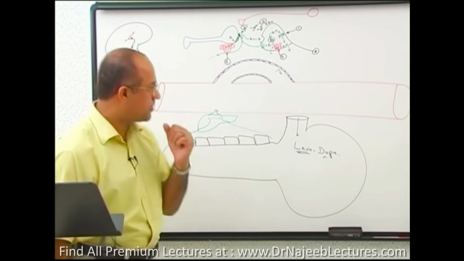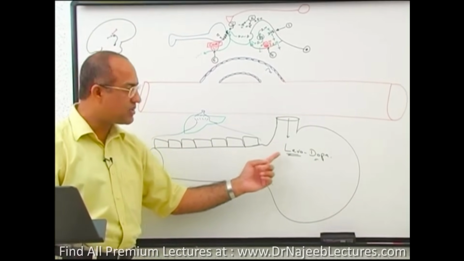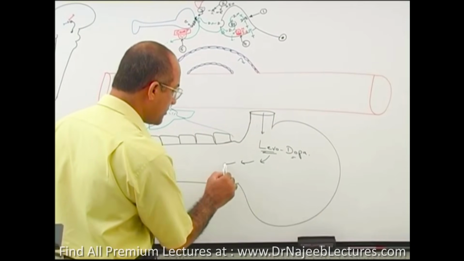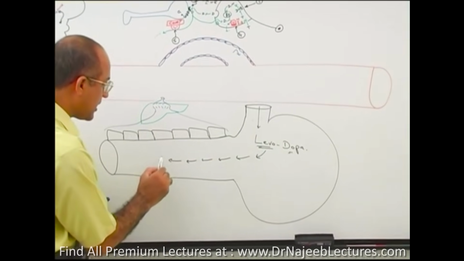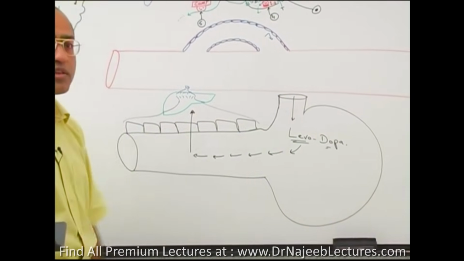Is that right? Anyway, levodopa is a less charged compound, right? So it can be easily and rapidly absorbed from the GIT. But at this point, there are a few important things to be discussed.